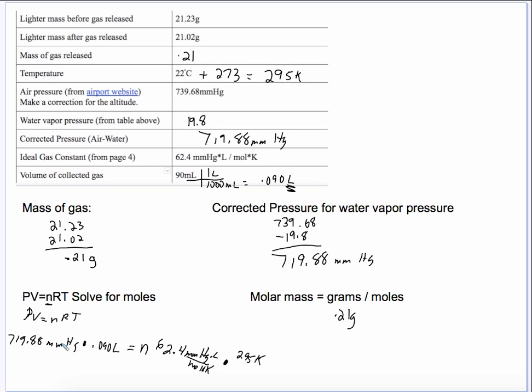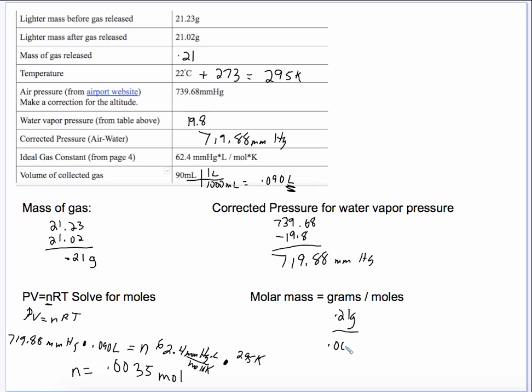When I do that, I end up with the moles of my gas. The moles equals 0.0035, and that's as far as we can go because we have too many digits. Now we're going to finish our molar mass.